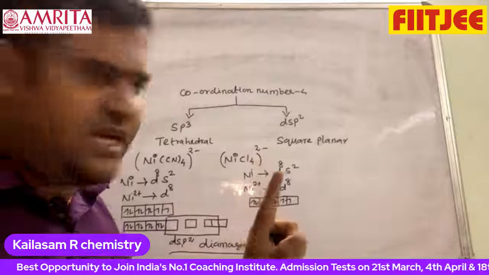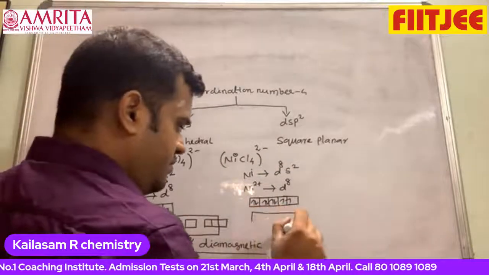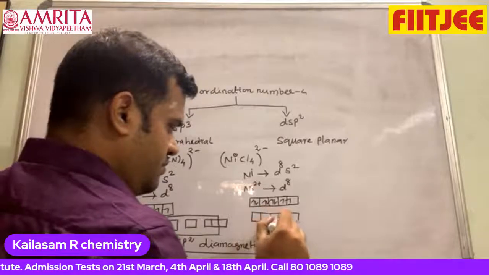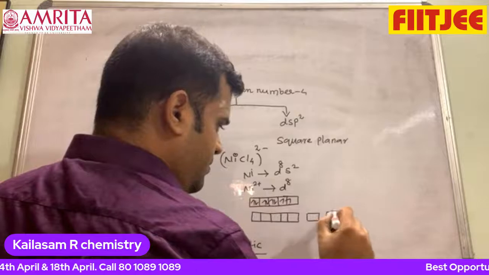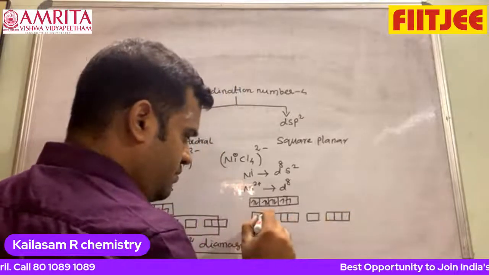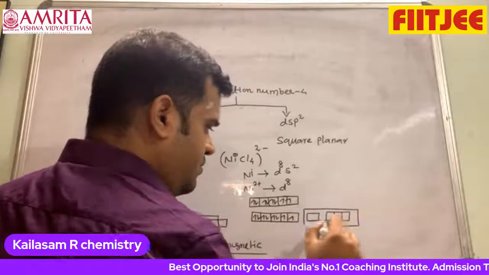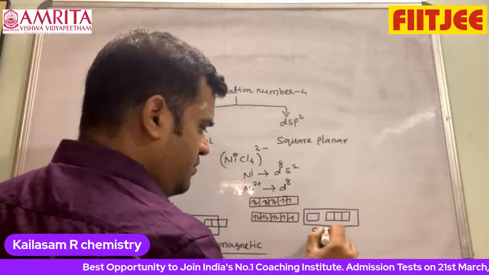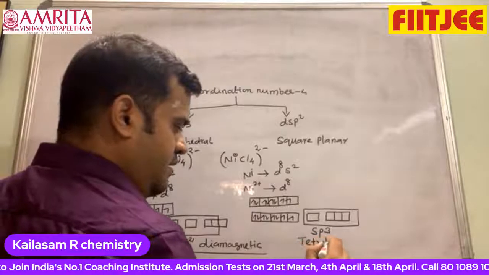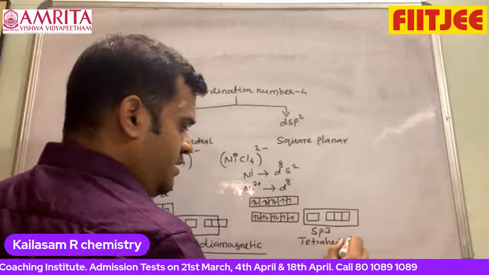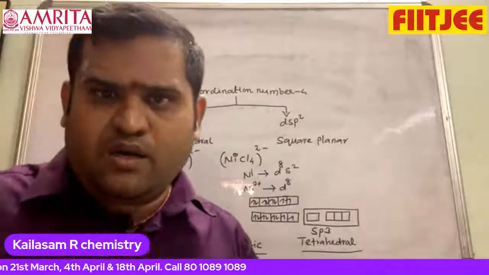If the ligand is weak, pairing does not take place. So sp3 tetrahedral. This is what the examination asks.